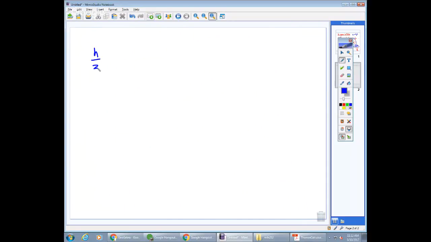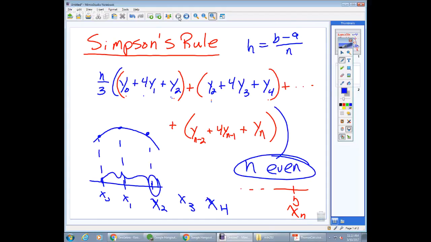You still have your h over 3 out front. The first y value only gets used once. The second one gets used 4 times, essentially. Because of that repetition in endpoints, y2 is going to get used twice. And then, as we saw earlier, y3 got used 4 times.